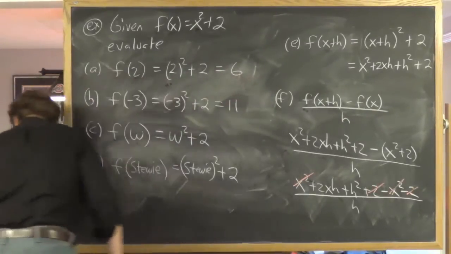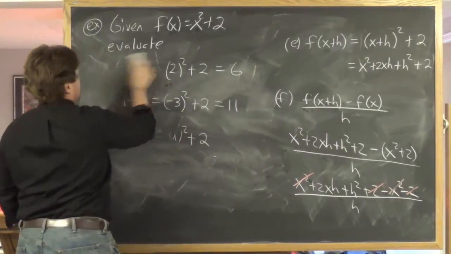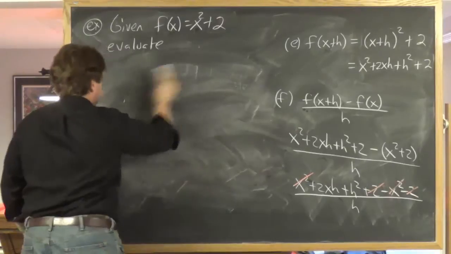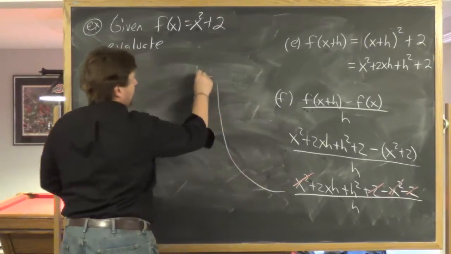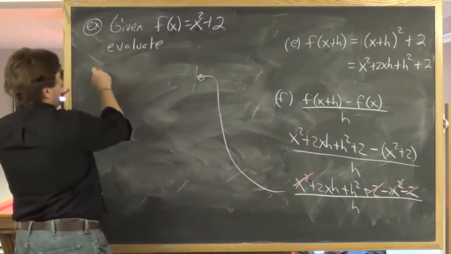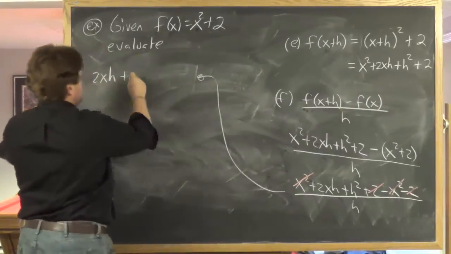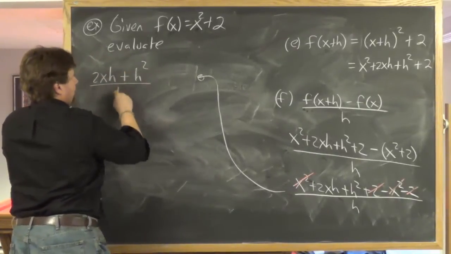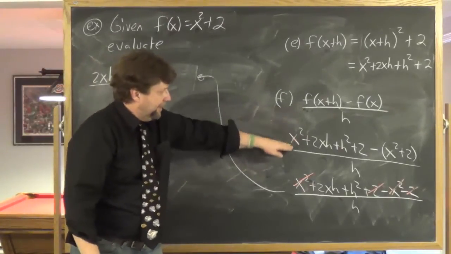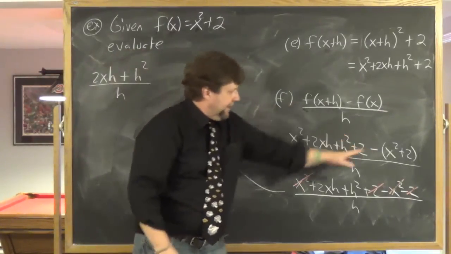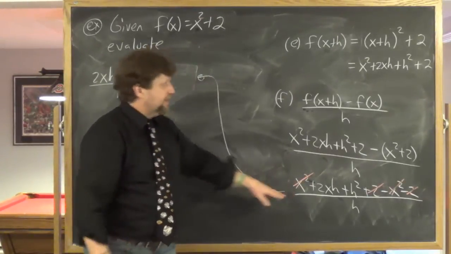Let me pull that up here because I'm kind of running out of room. Sorry about that. So if I pull that up here, I'm left with a 2xh plus just an h squared over h. Alright, so we went from here to here, distributed the -1, got to here, and then noticed, hey, some stuff when we combine like terms cancels out.